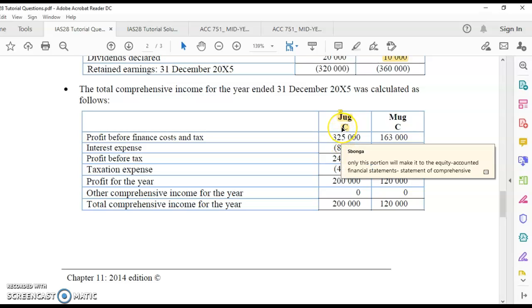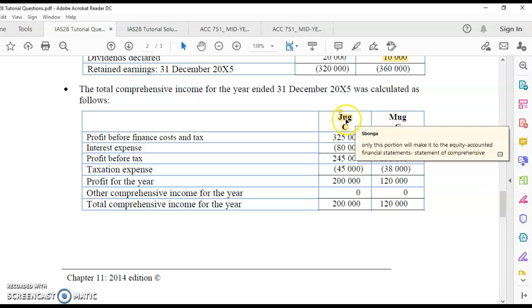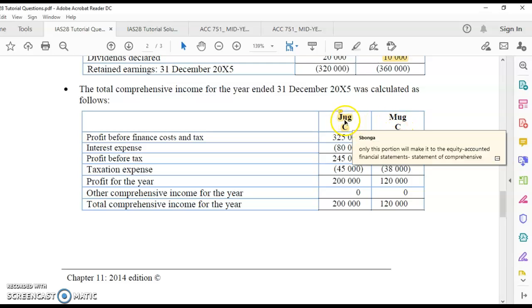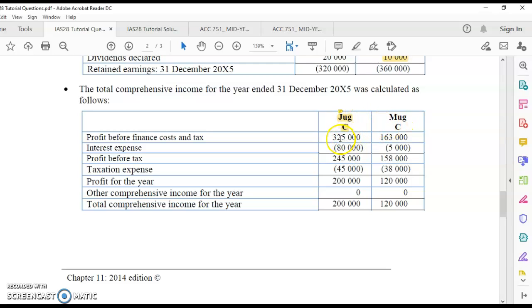It's important to note that only this portion will make it to the equity accounted financial statements, because we are equity accounting and not consolidating. So in our equity accounted statement of comprehensive income, we will not include the amounts from MAG, but only JAG's line items.